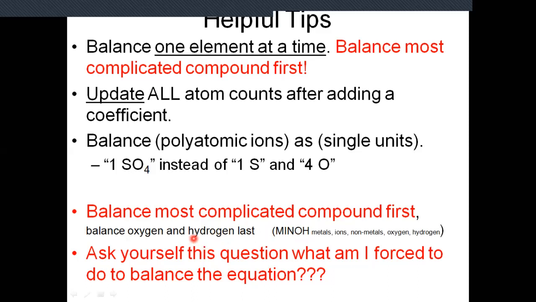Clear? Students, you have to follow this sequence to balance a chemical equation. First of all, try to balance metals, then ions, any polyatomic ion, then non-metals, and all the diatomic molecules like H2O2, Cl2, or hydrogen and oxygen should be balanced in the end.